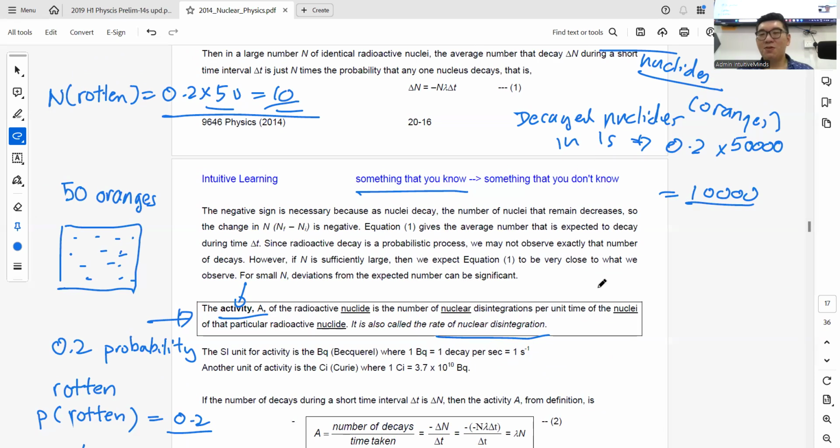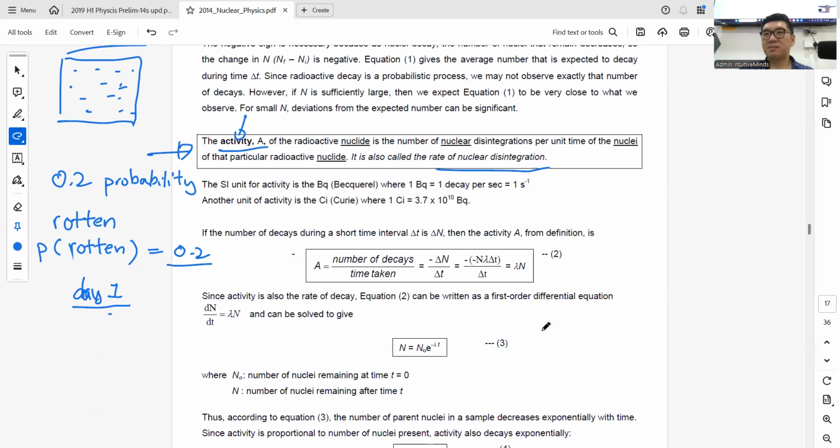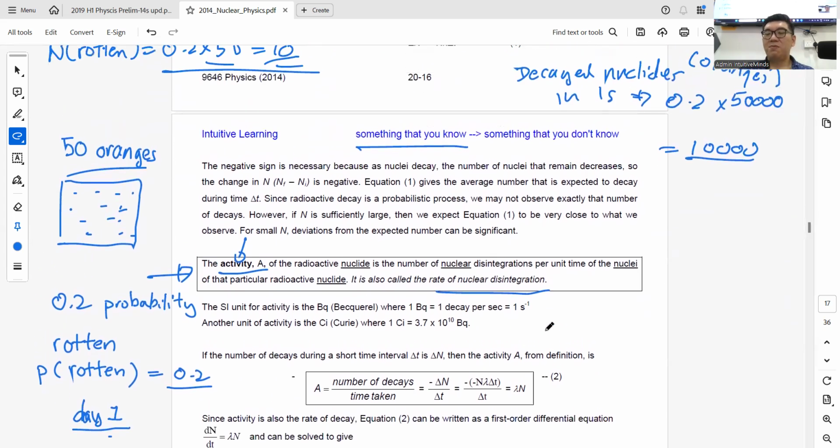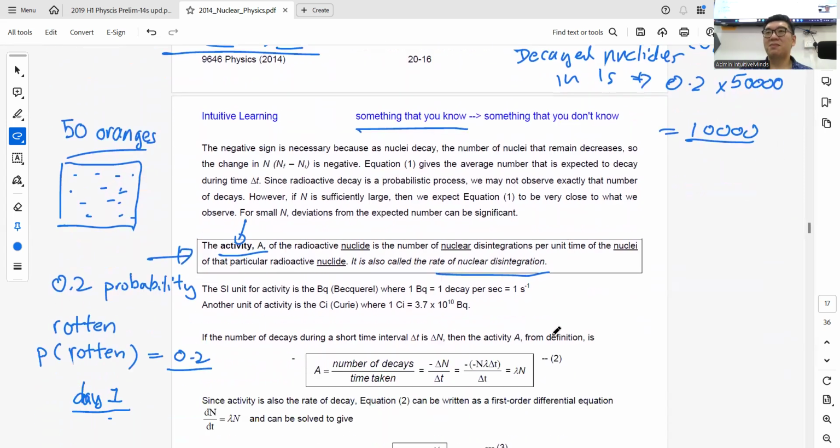So what you're doing here is very, very similar to what you're doing for finding rotten oranges. And while the explanations are complicated, I hope you can appreciate that it is easier to understand if you're comparing to finding rotten oranges.